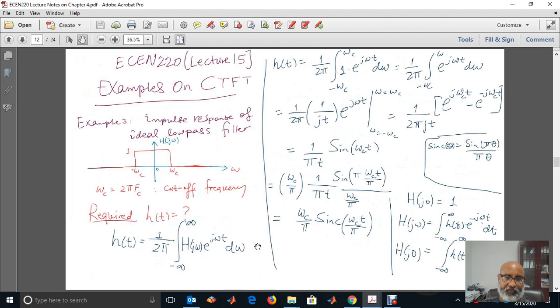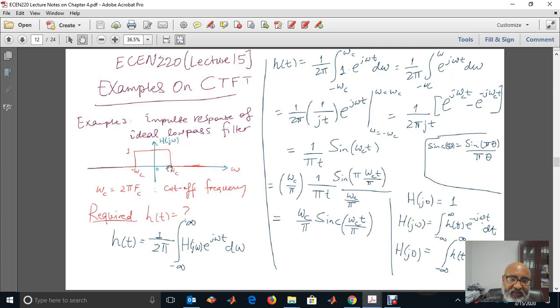Impulse response of ideal low-pass filter. Okay, let's find the impulse response of an ideal low-pass filter. What is an ideal low-pass filter? As we studied earlier, the ideal low-pass filter passes low frequencies until omega c. Omega c is the cutoff frequency in radian per second, or Fc in hertz.